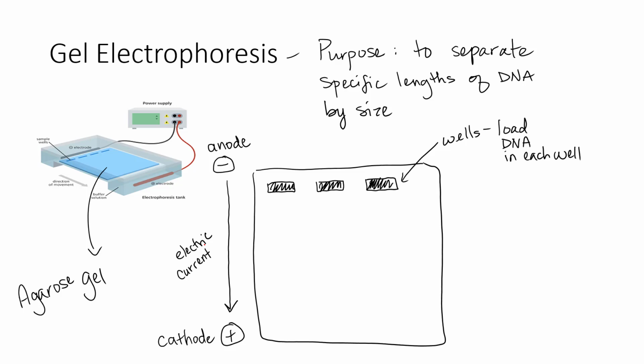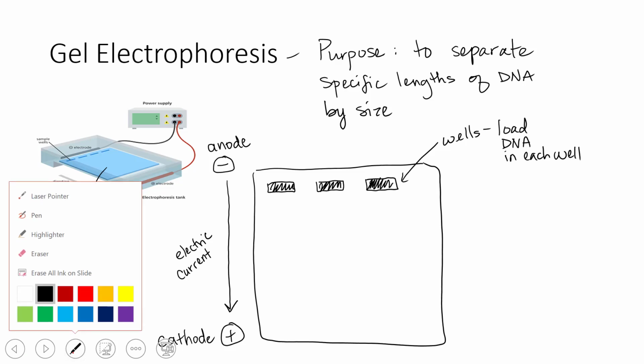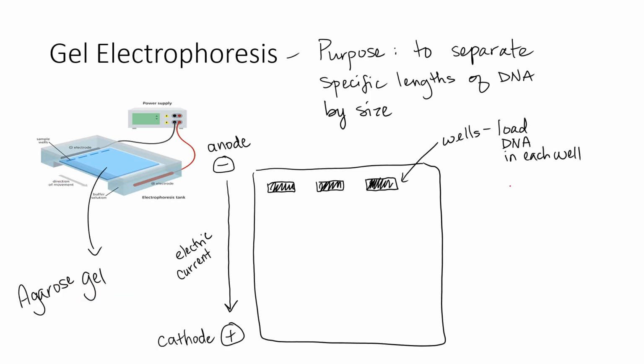And what happens is, because DNA is negatively charged, and that's because, if you recall, DNA is composed of this sugar phosphate backbone, and then of course it repeats on the other side. And then of course we get this connection happening between the base pairs.